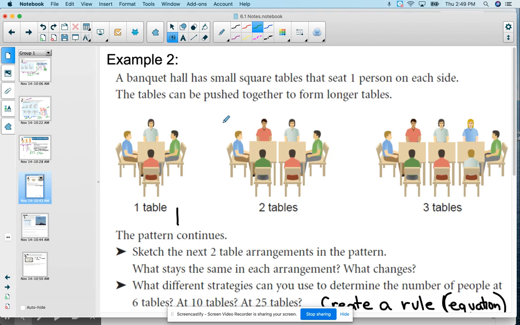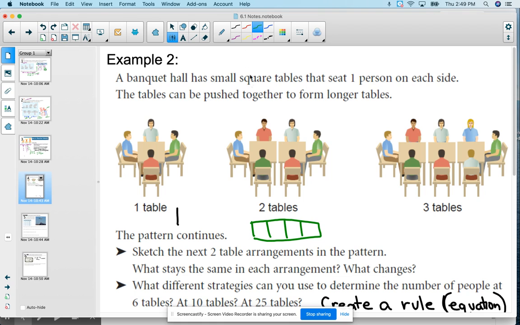Okay, example 2. Sometimes they don't give it to you in squares, but it's still the same idea. So you have a pattern. Sometimes they'll ask you to sketch the next pattern just to understand it. So if I was to sketch this out, I'm going to say, okay, well, 4 tables, 1, 2, 3, 4.